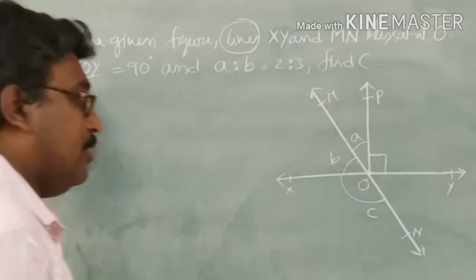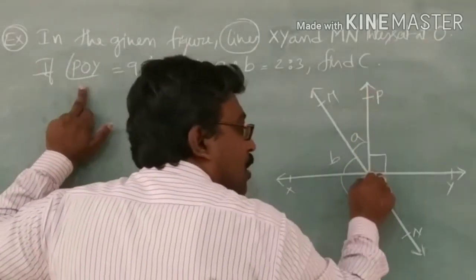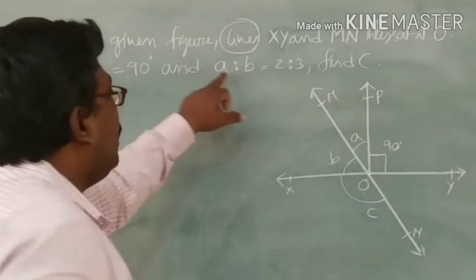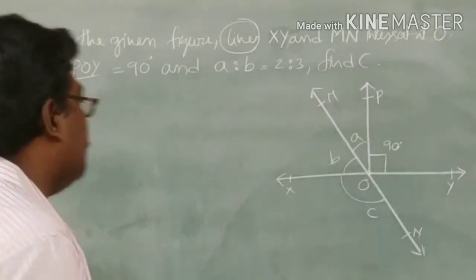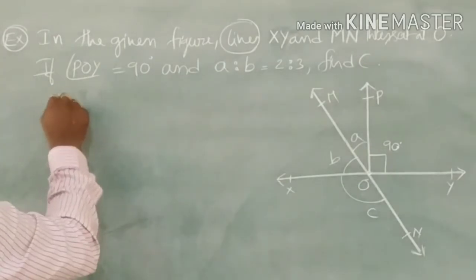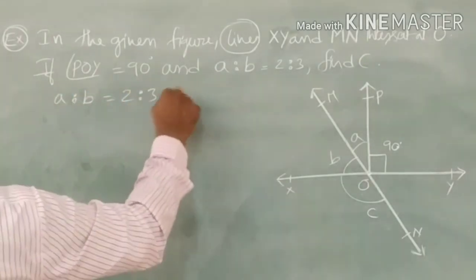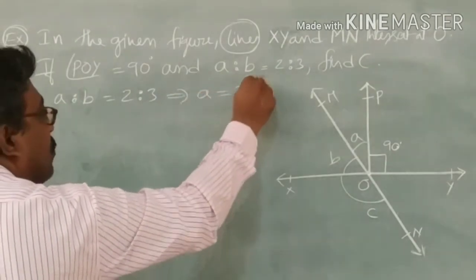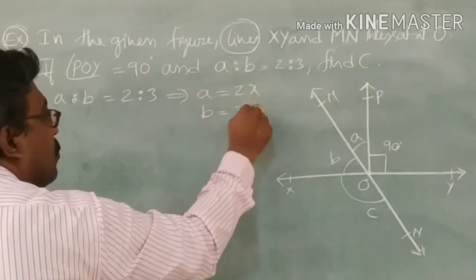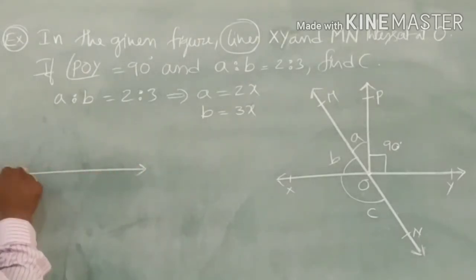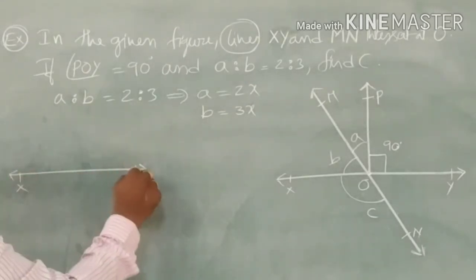Angle POY. This is perpendicular. POY is 90 degrees. And A is to B is equal to 2 is to 3. That implies A is equal to 2x, B is equal to 3x. Now what did he give?